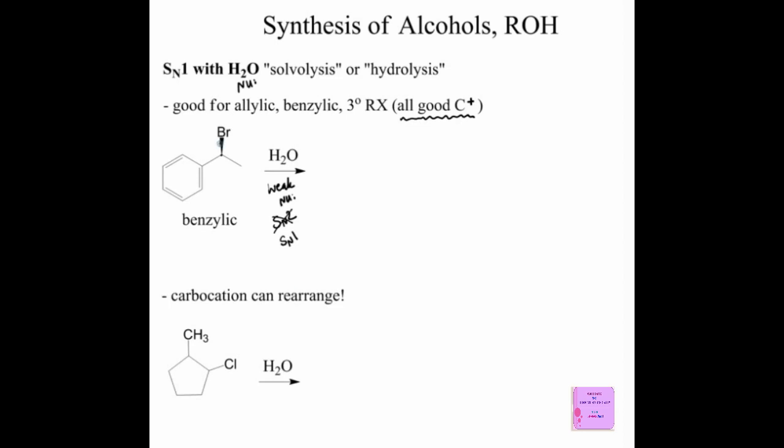What does that mean? That means because there's no one here to attack, the leaving group just leaves on its own to give a carbocation. And to this electrophile, we have water react as a nucleophile.